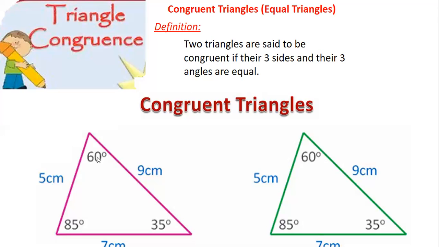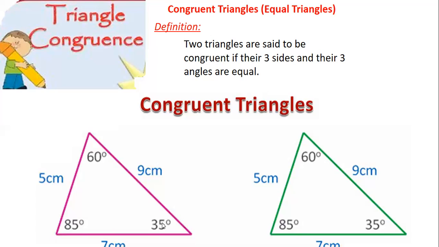Let me continue. This angle here measures 60 degrees. Also, this angle here between the 5 centimeter and the 9 centimeter measures 60 degrees. The angle between the 5 centimeter and the 7 centimeter is 85 degrees. Also here it is 85 degrees.